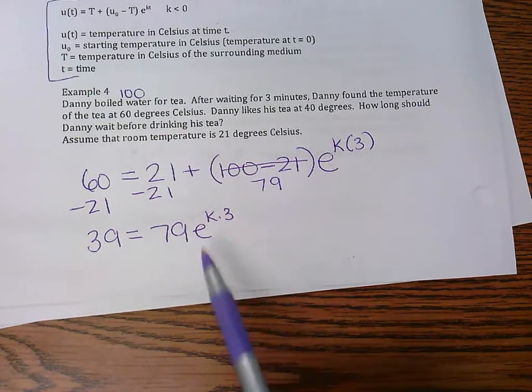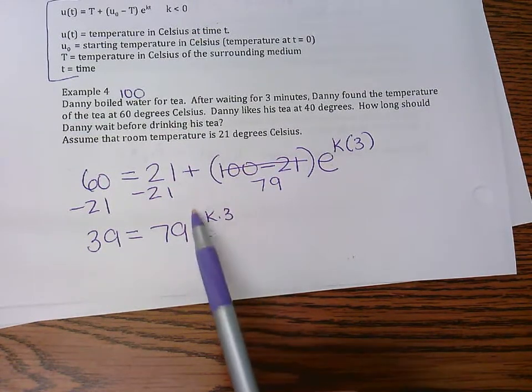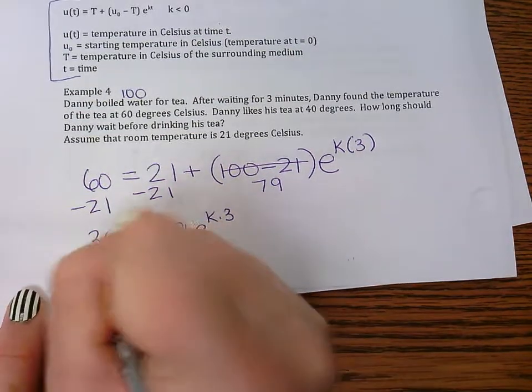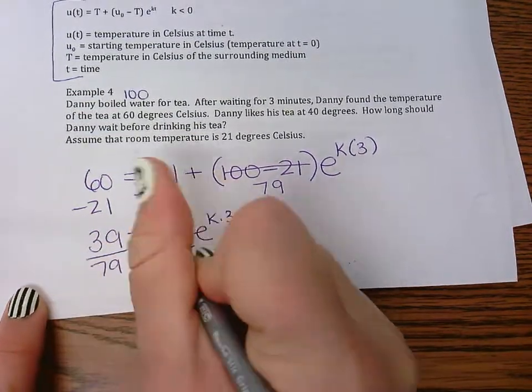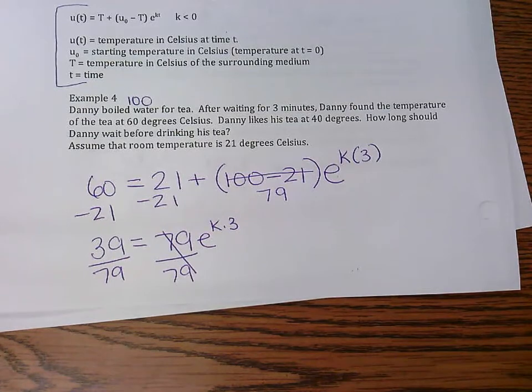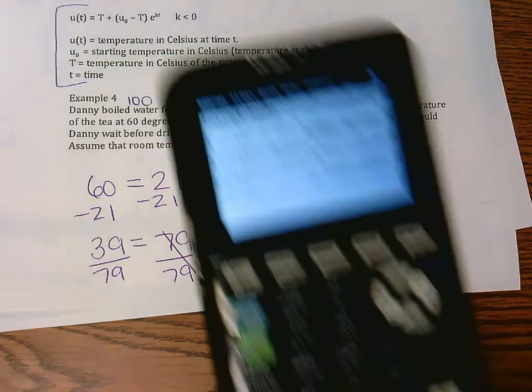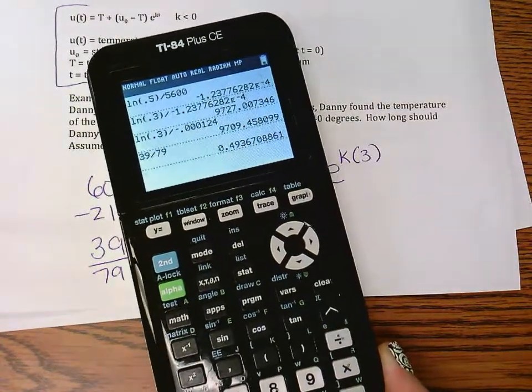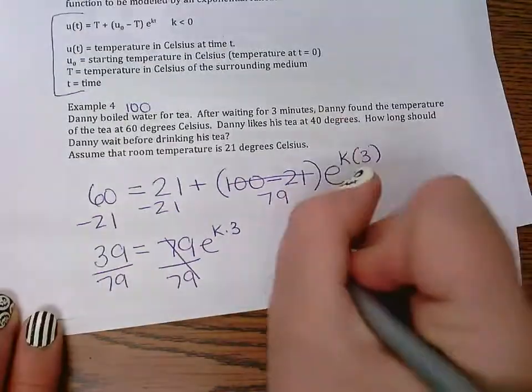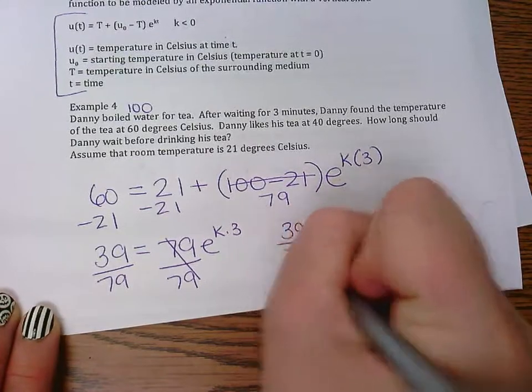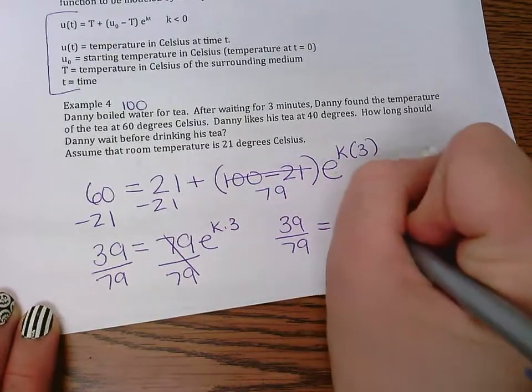Now I need to get my e to the k times 3 by itself. So I'm going to divide by 79 on both sides. I don't know what that is as a decimal, it's kind of a horrible decimal, 0.4936. So let's just leave it 39/79 equals e to the k times 3.